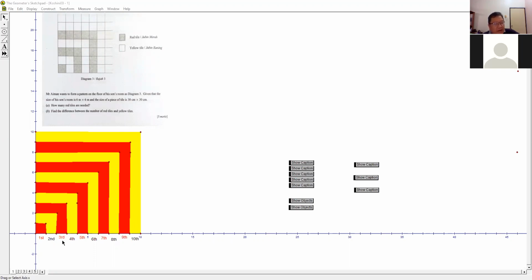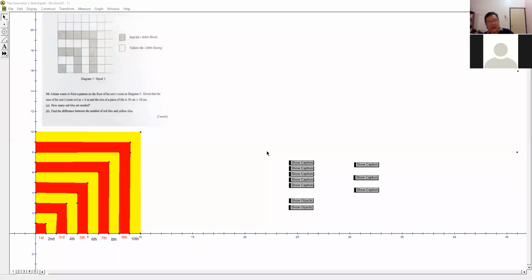Now third, can you see the word third here? Yes. Then this L shape is the third layer, fourth layer, fifth layer, sixth layer, and so on. So you understand the problem or not?